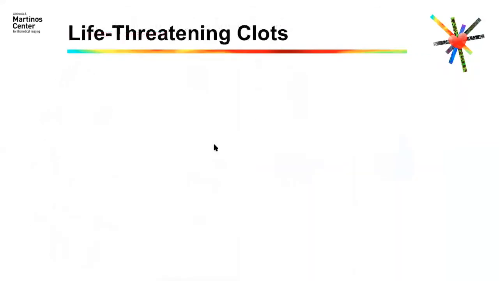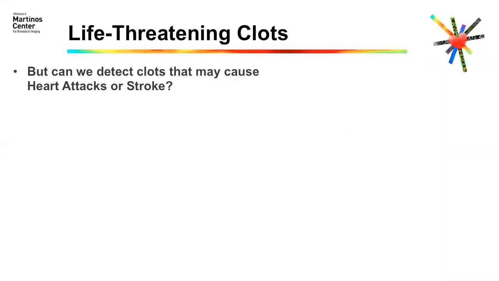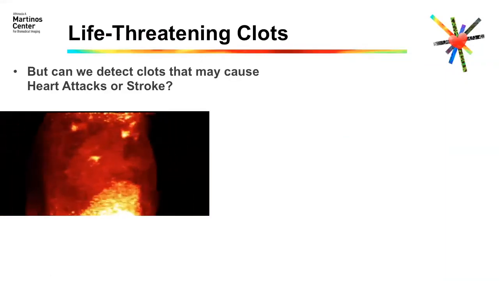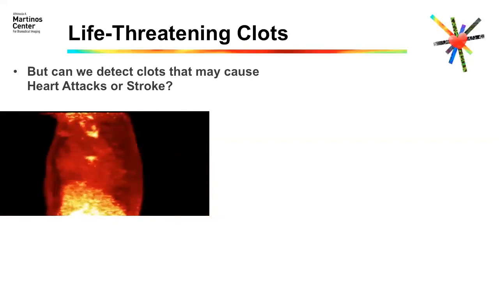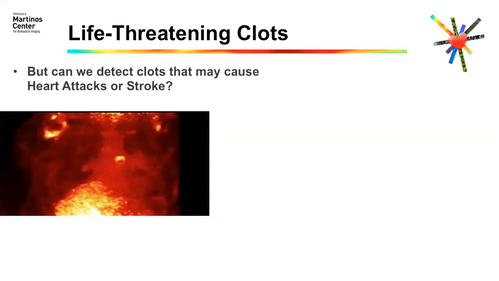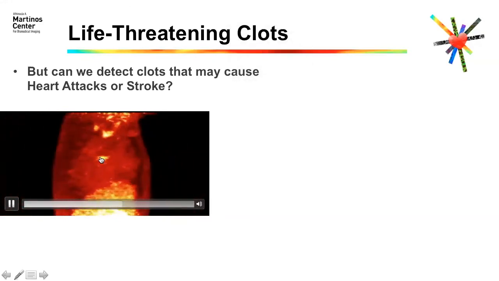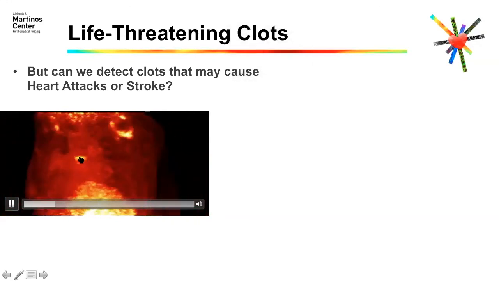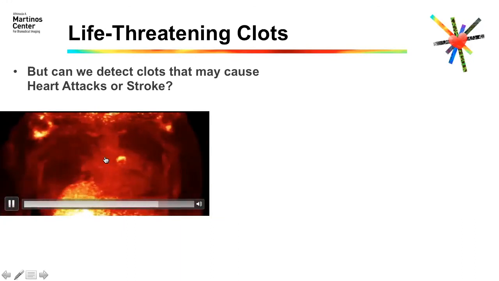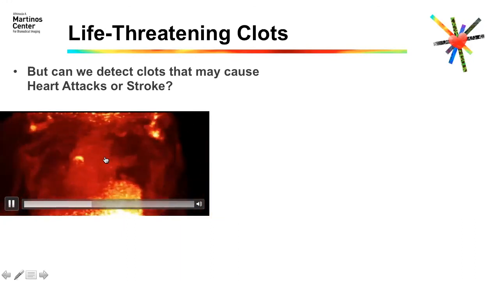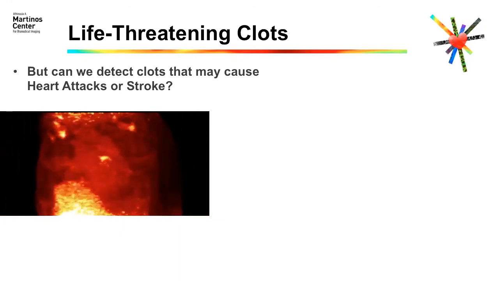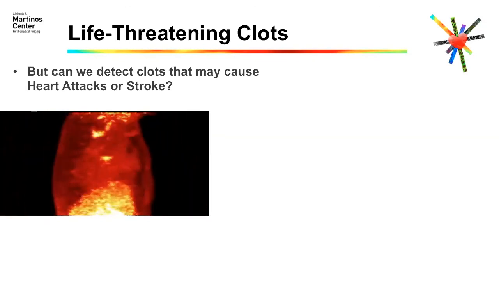The problem is when the clots can be life-threatening, and they can produce heart attacks and strokes. In this case, this is a blood clot inside the heart, in the left atrial appendage, which is one of those cavities like an appendage, like in our GI system, the colon basically has an appendage.